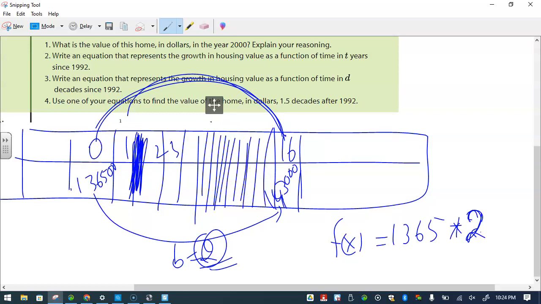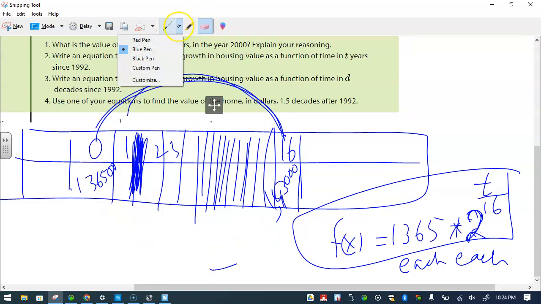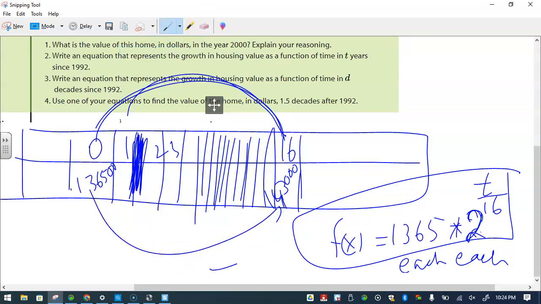So if that's the case, then you have to divide. So if I put t number here, this becomes 16. So that's like each year. So be careful. So when you say b equals 2, this 2 is the growth factor. Let me put b is 2.